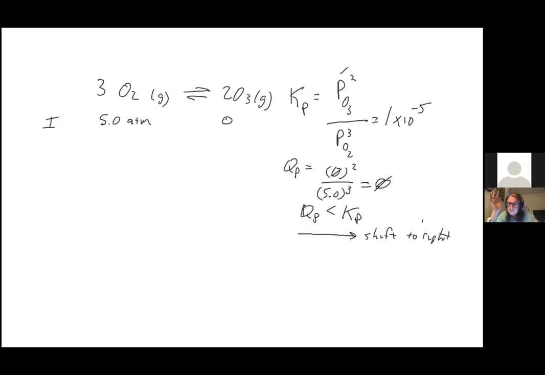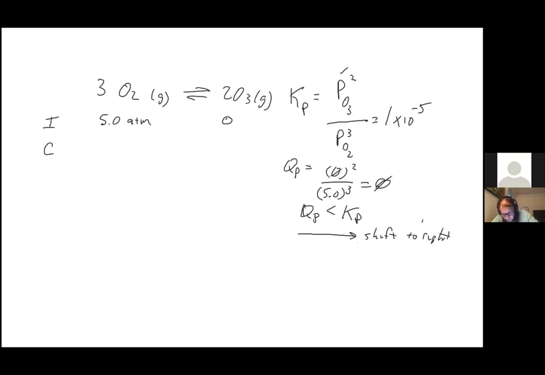Now the meaning of that in terms of the algebra is that if Q is less than K, you're going to have your minus X on this side and your plus X on this side.